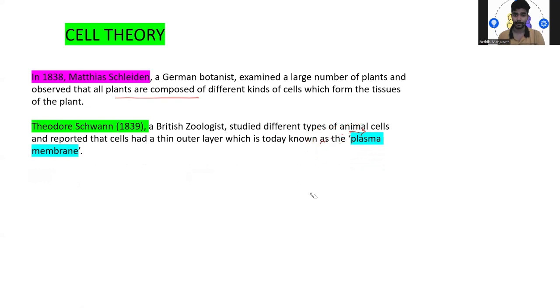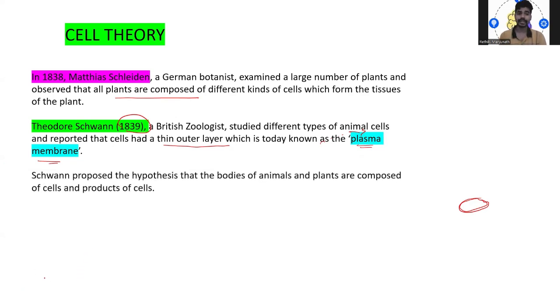Later, in 1839, Schwann, a British zoologist, studied different types of animal cells. Earlier, the plant cells were studied; here, he studied different types of animal cells. He reported that the cell has a thin outer layer surrounding the cell, and he named it the plasma membrane.